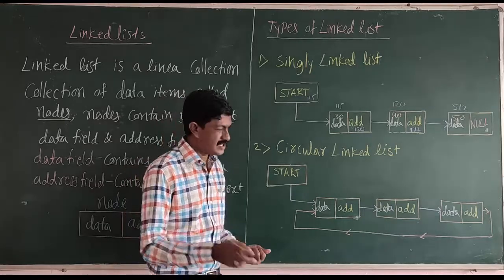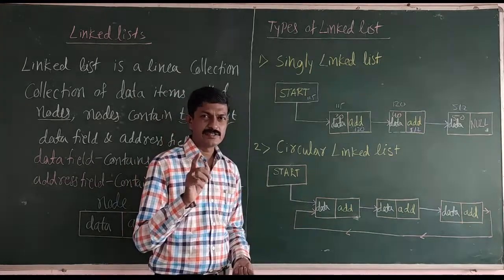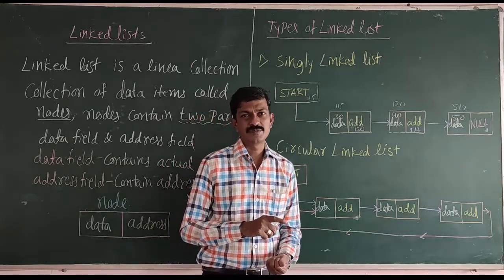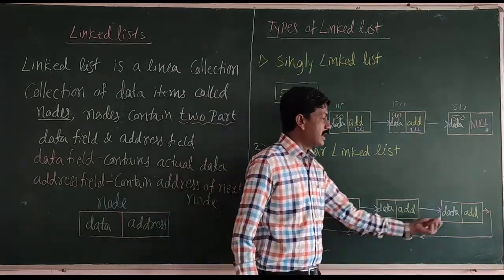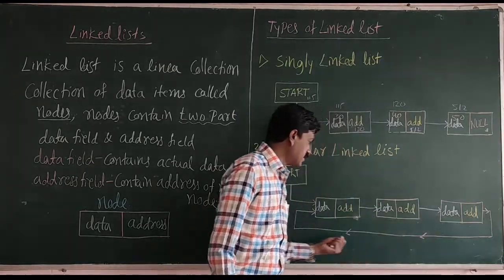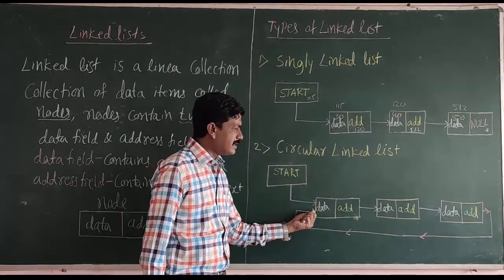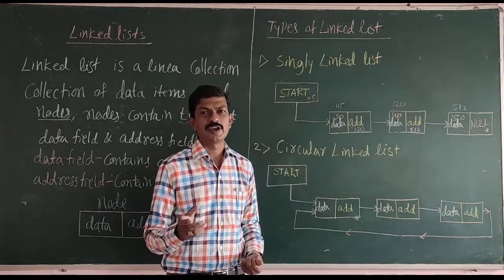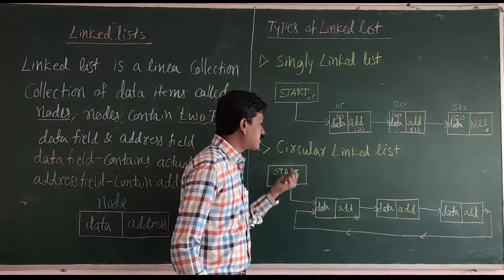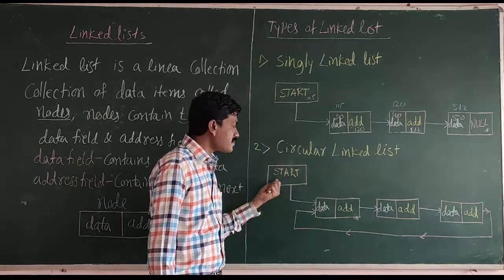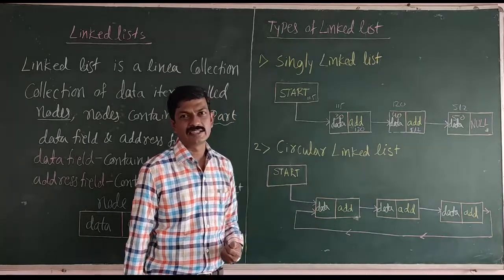You need to remember, a circular linked list is also a linked list, a linear collection of data items, but the last node contains the address of the first node, so that the data items are organized in a circular fashion. That's why it's called a circular linked list.